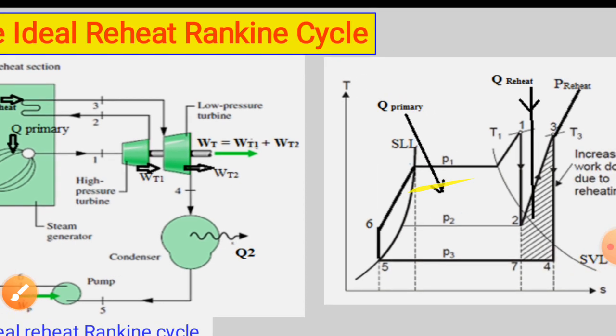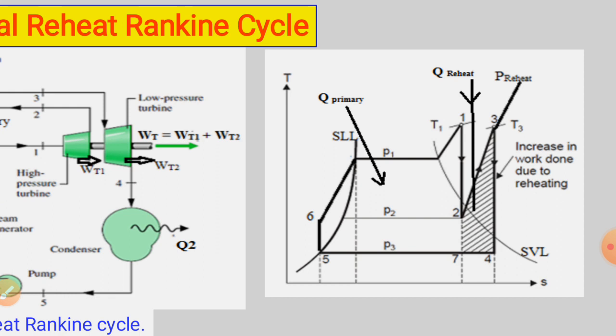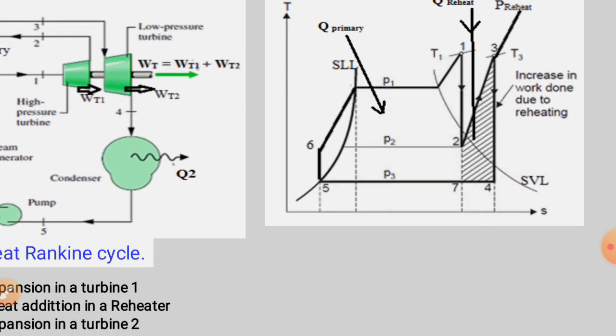So from 2 to 3 it undergoes a heating process, with an increase in temperature as well as entropy. This is the nature of the 2 to 3 process.